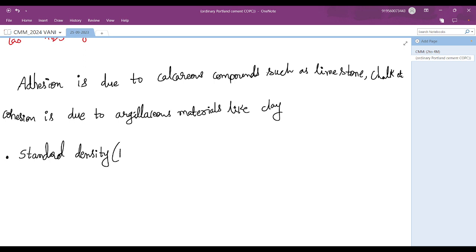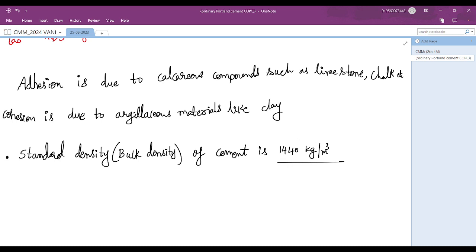Standard density means bulk density, what we have discussed in soil. So the standard density of cement, or bulk density of cement, is how much? 1440 kg per meter cube.